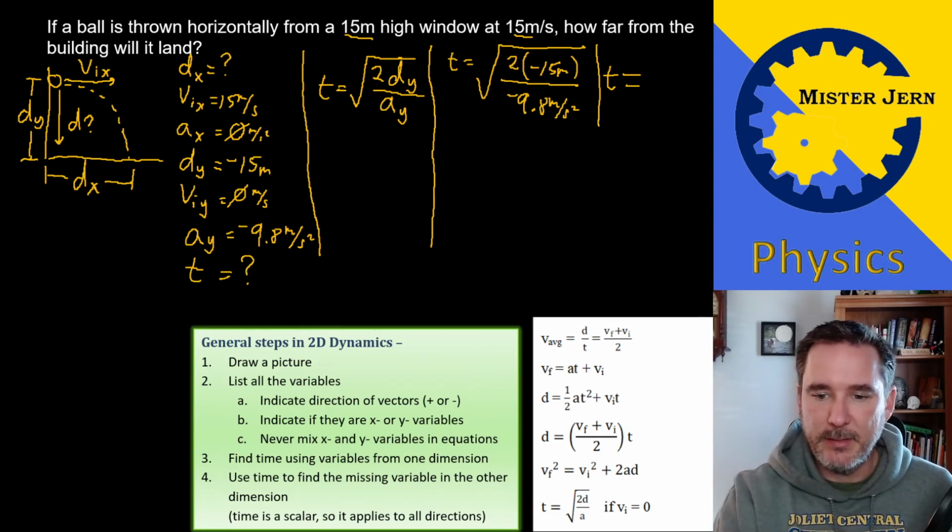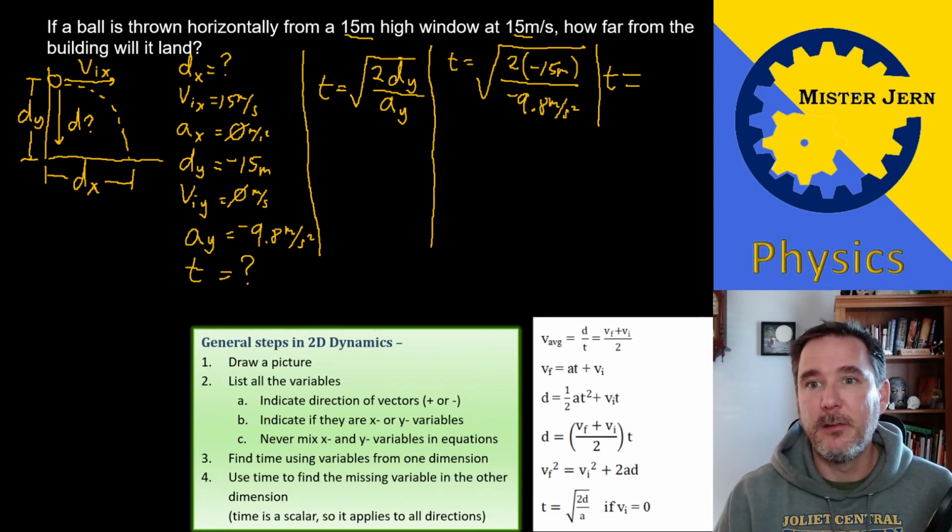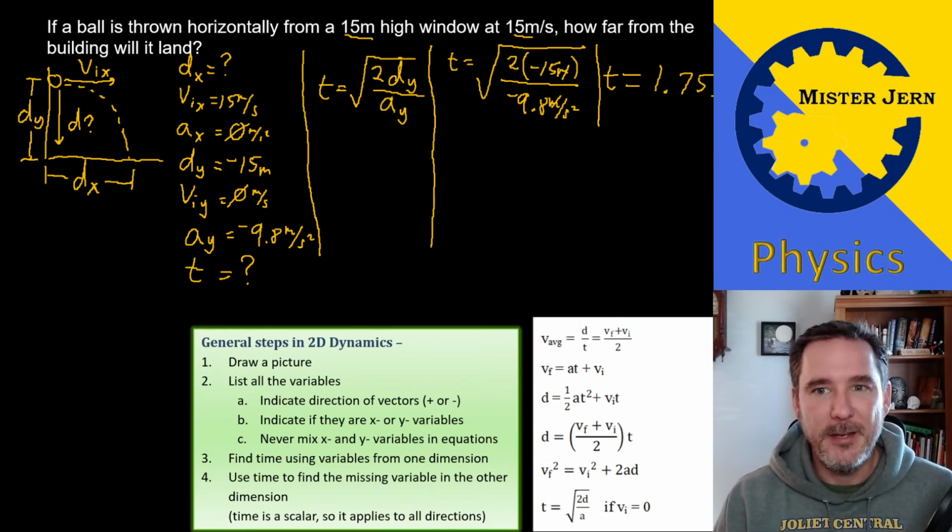So let's say 1.75 seconds. And it's seconds because the meters are going to cancel out, and then the seconds squared will get unsquared due to the square root. So I'm just going to put a little circle around that.